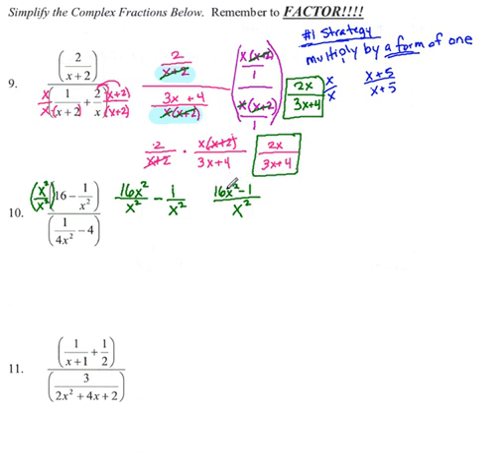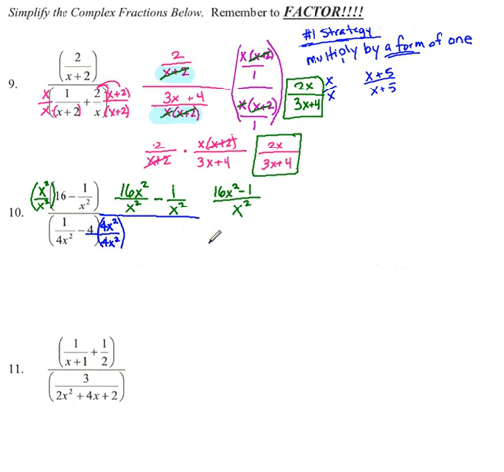Now I could factor this, and we will look at that in just a moment, but let's just stick with what we're doing. We got the same denominators. Now we want to get the same denominators down here. Use a different color. So we need this denominator to match this one. So I need to multiply by 4x squared over 4x squared. All right, so now they're going to match.